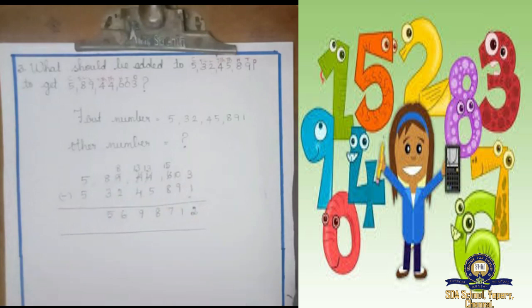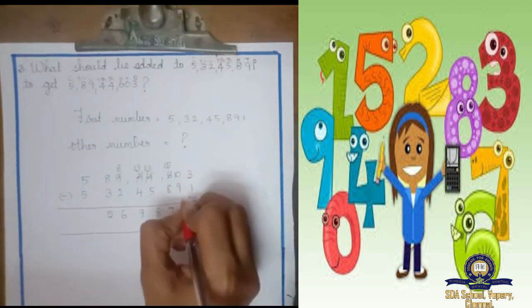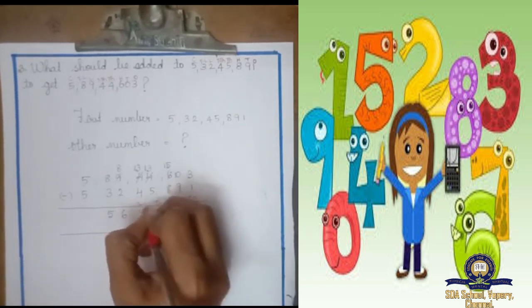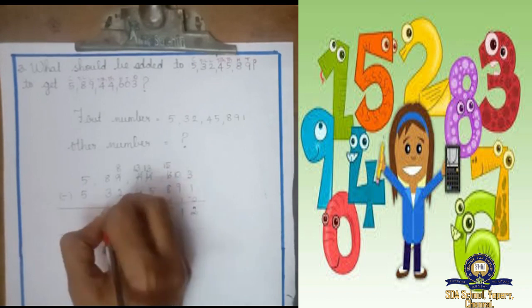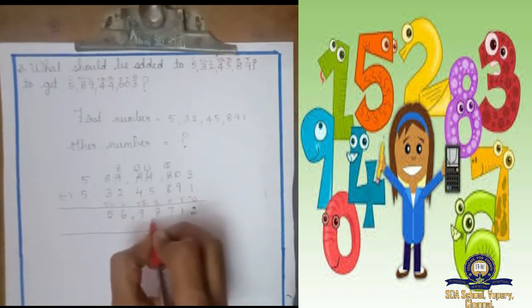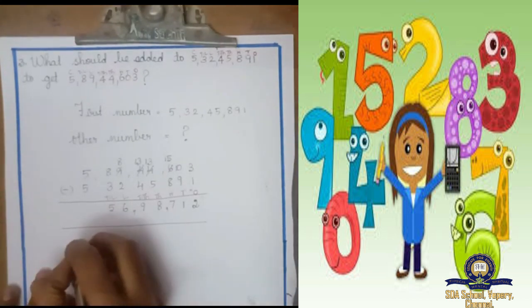So we will write the place value over these numbers: ones, tens, hundreds, thousands, 10,000s, lakhs, 10 lakhs. So 56 lakhs 98,712. Okay, so this is the other number.